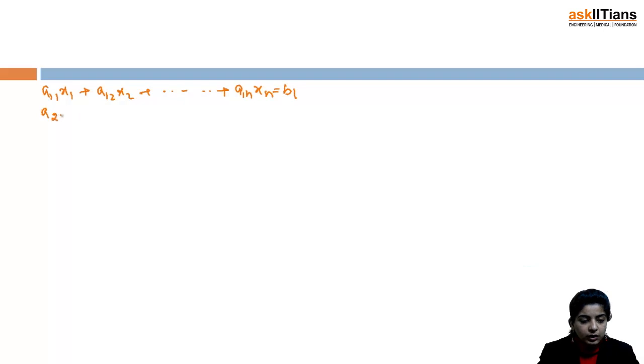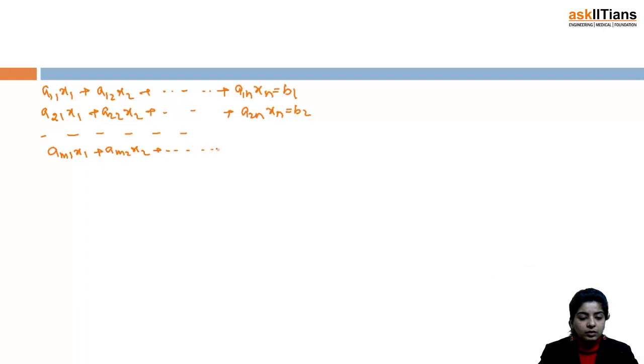Then a21x1 plus a22x2 plus so on a2nxn equal to b2, and so on, am1x1 plus am2x2 plus so on amnxn equal to bm, and I term this system 1.